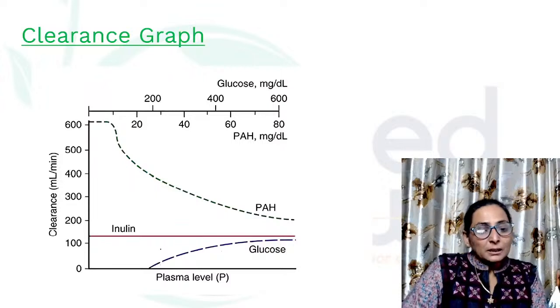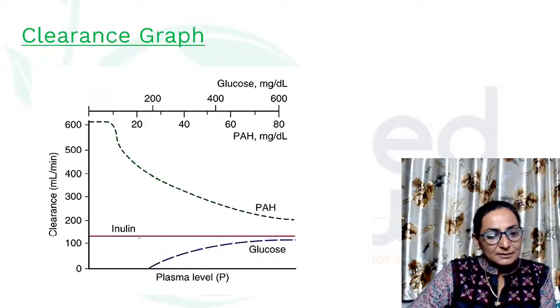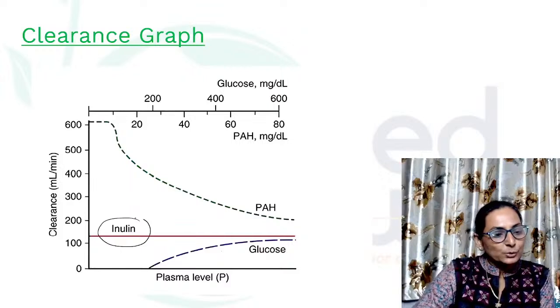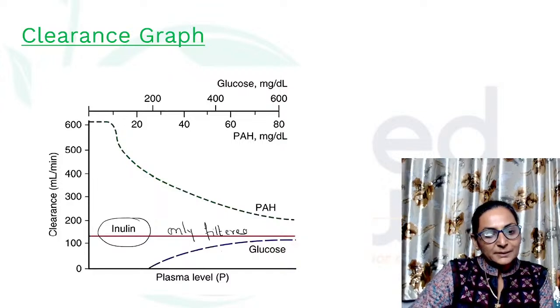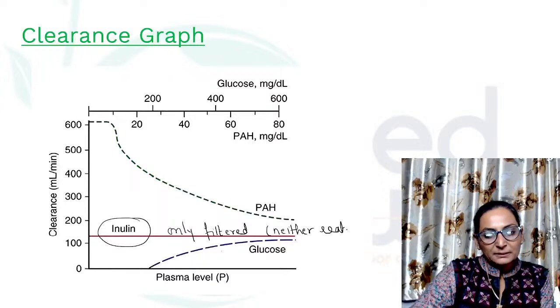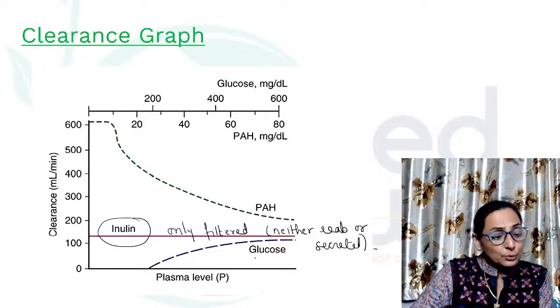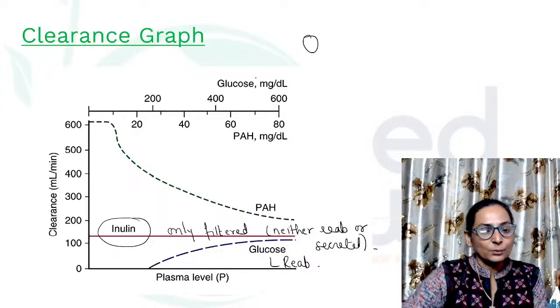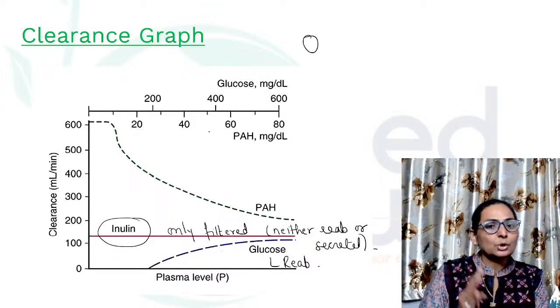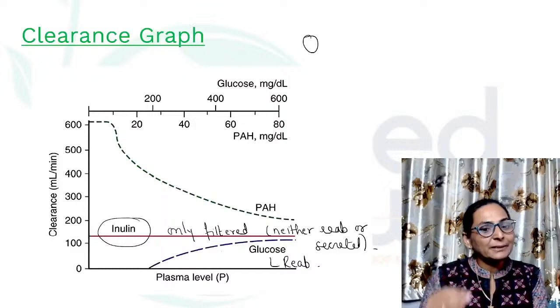Yes. Now see, this straight horizontal line is inulin clearance, because inulin is a substance which is only filtered. It is neither reabsorbed nor secreted. Glucose is a substance which is reabsorbed. So normally the glucose clearance is 0, because there is no amount of plasma which is anytime cleared of glucose.